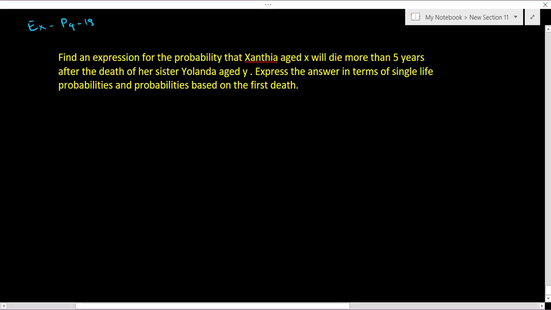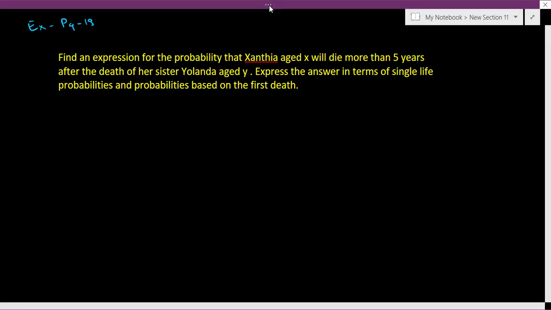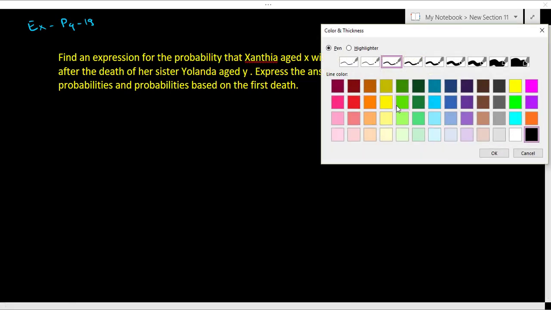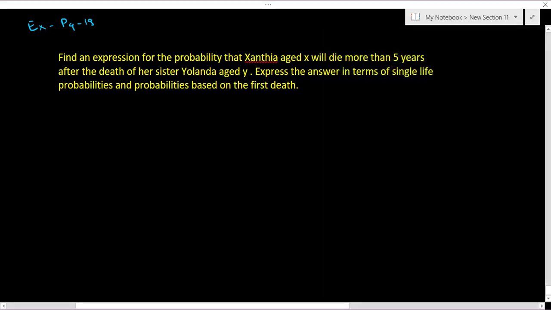This question says: find an expression for the probability that Xanthia, who's aged x, will die more than 5 years after the death of her sister Yolanda.